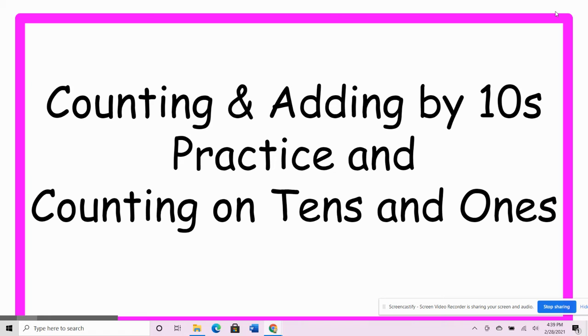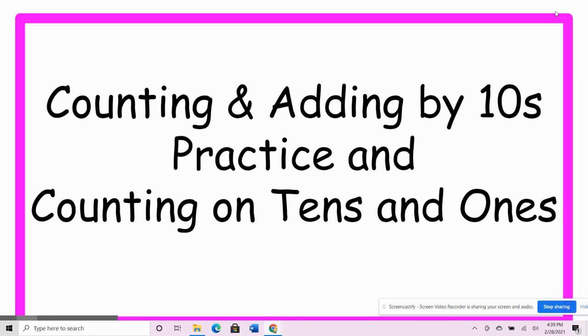I think it's a good idea to have your base 10 blocks nearby if you would like to use them later in the slides, so you can move things along using your hands. If you need those materials, pause now and go get them.